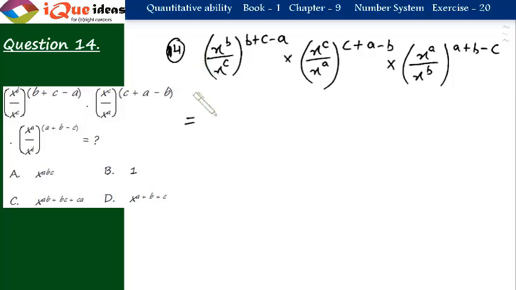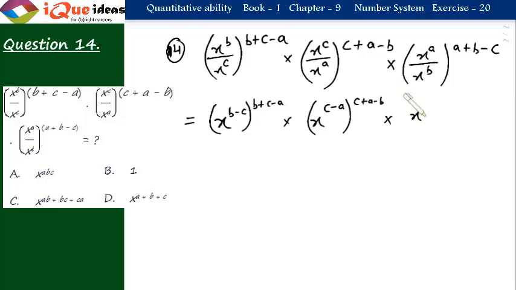Right? Now let's see. So first what we do is inside the bracket it is x raised to b divided by x raised to c. So we can take it as (x^(b-c))^(b+c-a) into (x^(c-a))^(c+a-b) into (x^(a-b))^(a+b-c).